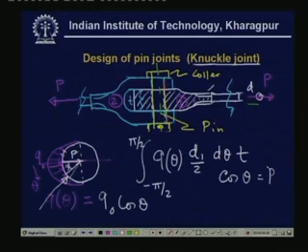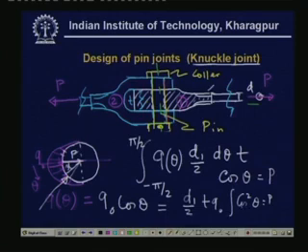From this relation we can find out, substituting for q theta the expression q naught cosine theta, it becomes d1 by 2 times t times q naught times the integral of cosine square theta from minus pi by 2 to pi by 2, which gives pi by 2.